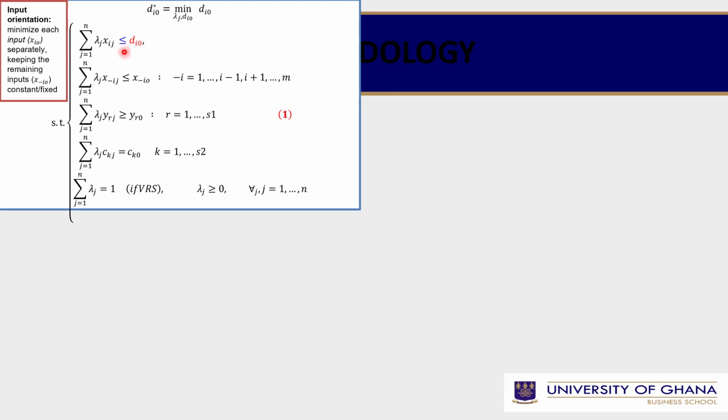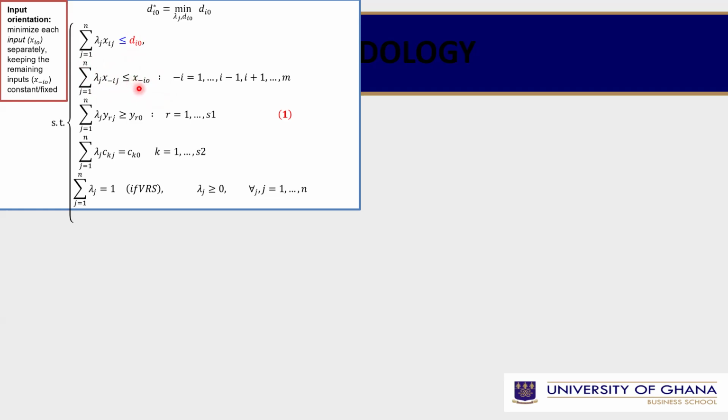Then you say that there's another input constraint, but this input constraint is for all the other inputs, not the input you are assessing. So the input you are assessing, that one is the what? The D. But the input you are not assessing at that time is the X minus. Take note.